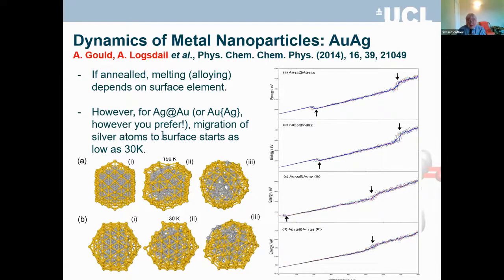Here is some molecular dynamics, so this is computational, on a gold-silver nanoparticle, and even at relatively low temperatures, this MD work suggests that the particle will quite rapidly reconstruct. So that's the second thing we've learned: these nanoparticles are not static, they're very dynamic entities.